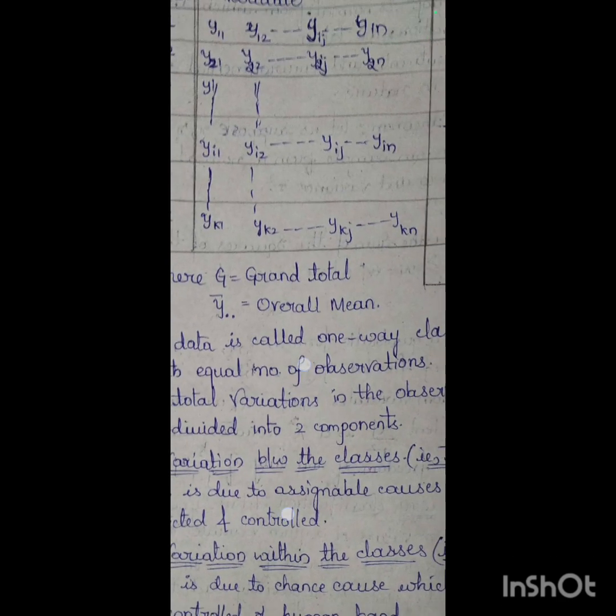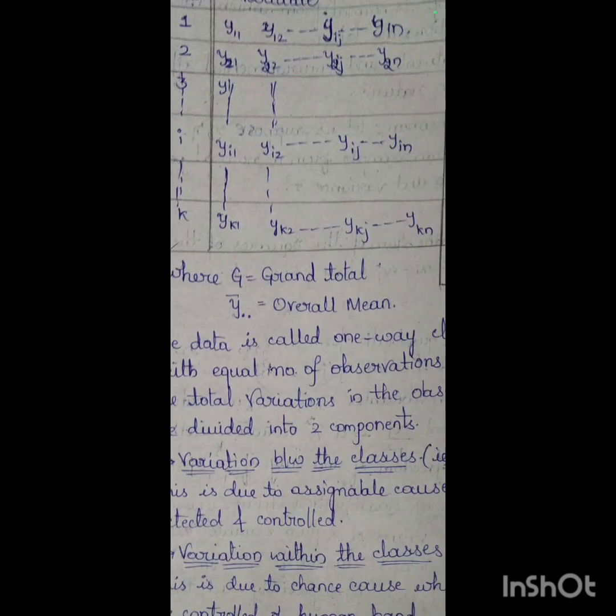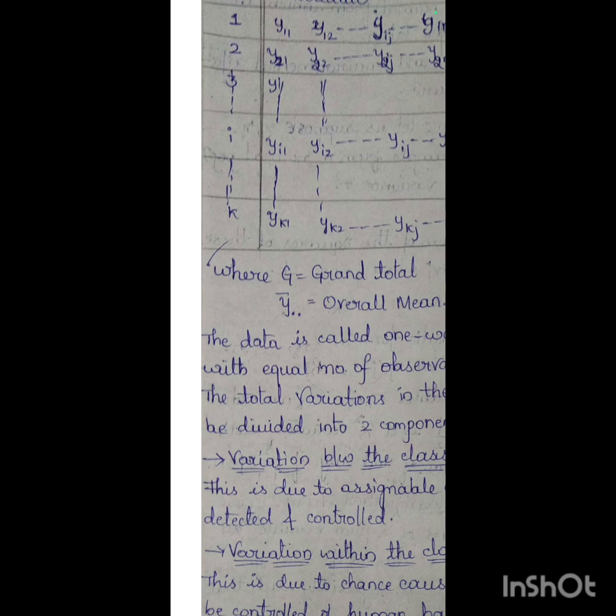In general Ti dot and y bar of i dot, and the total is called the grand total, denoted by capital G, and the mean of means is denoted by y bar double dot. Here G is the grand total, y bar double dot is the overall mean, and the data is called one-way classification data or one-way classified data with an equal number of observations.